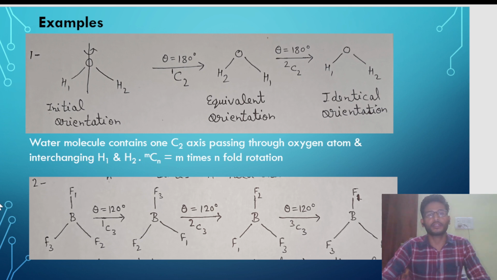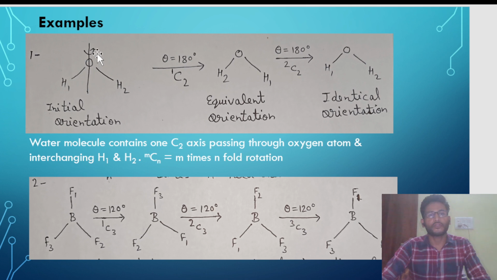Axis of symmetry can be simplified with the example of the water molecule. Actually, the water molecule contains one C2 axis passing through the oxygen atom and interchanging H1 and H2 with each other.